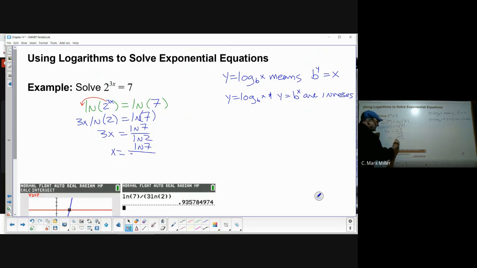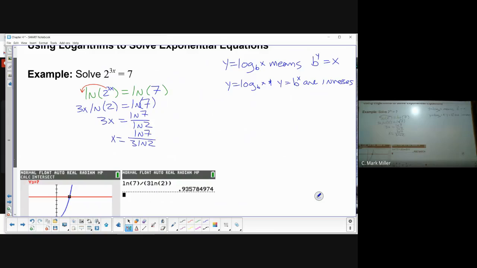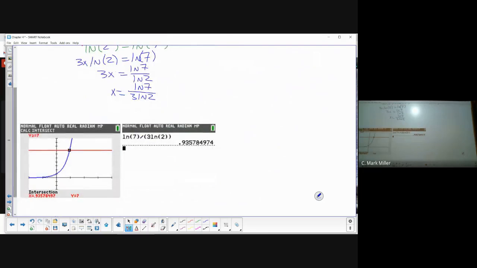And when we solve this on the calculator, this expression equals 0.9357.